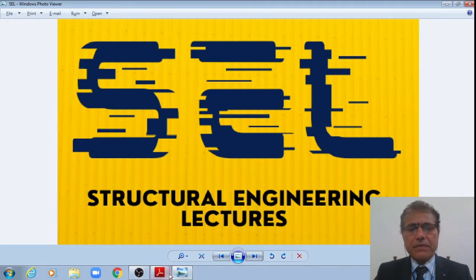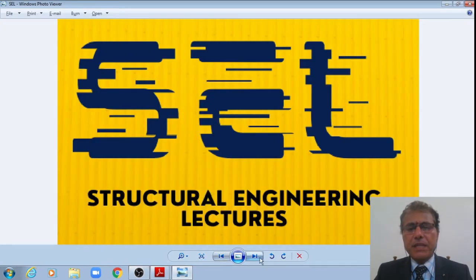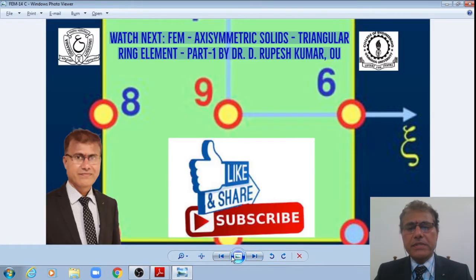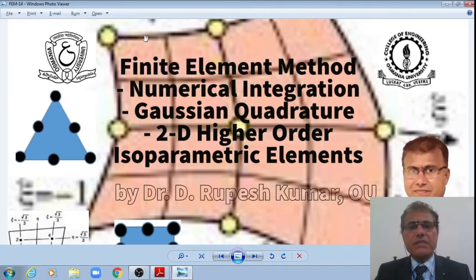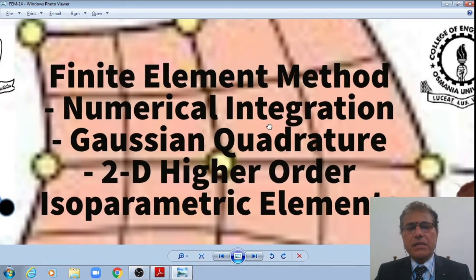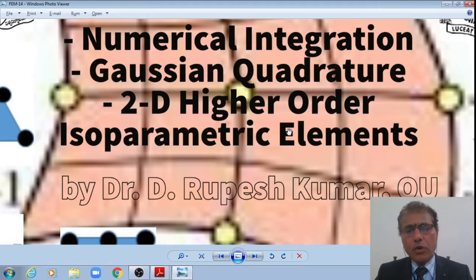In the previous class, we discussed the fundamentals of finite element methods, wherein we saw numerical integration techniques, Gaussian quadrature. Right. In today's class, we shall discuss 2D higher order elements, isoparametric elements.